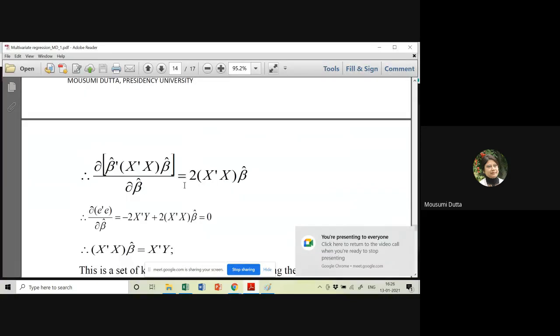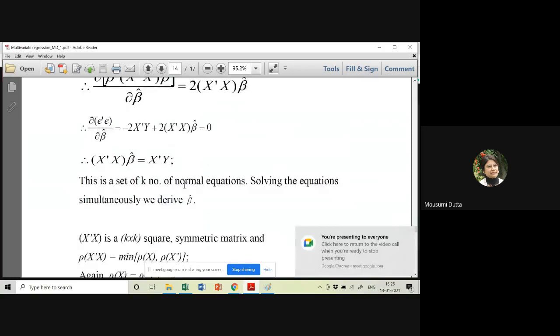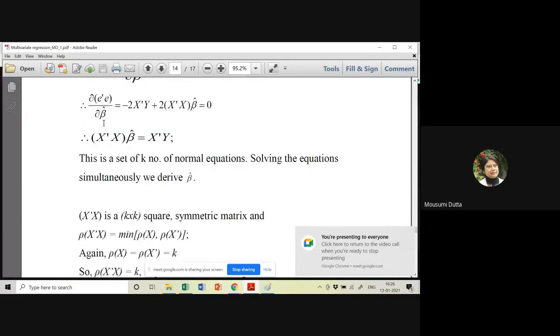So if you understand all the derivatives, in the next step, I'm considering del RSS by del beta hat. Mark that it is the set of k number of equations: del RSS by del beta 1 hat, del RSS by del beta 2 hat, up to del RSS by del beta k hat.